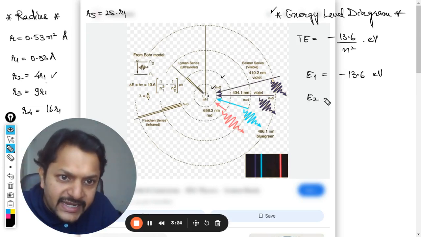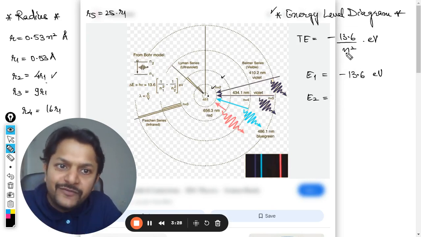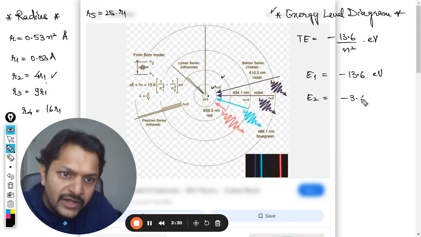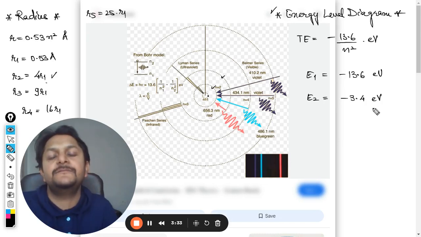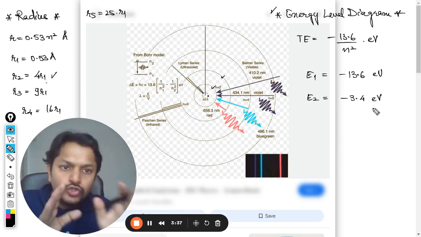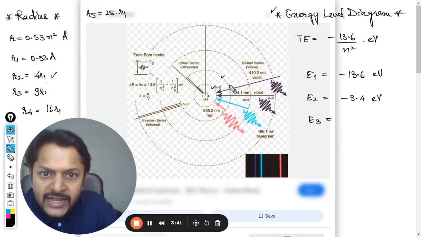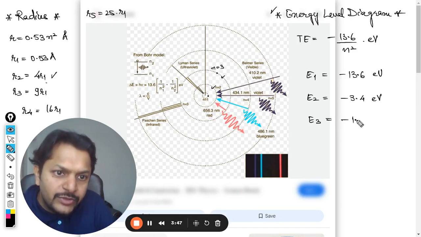What about the second energy? n is equal to 2. We plug that value here and we get negative 3.4 eV. You can plug in n is equal to 2 and you would get this value. Similarly, the energy of the electron in the third shell comes out to be negative 1.51 eV.